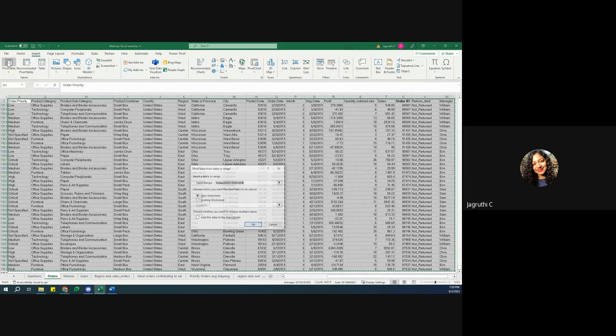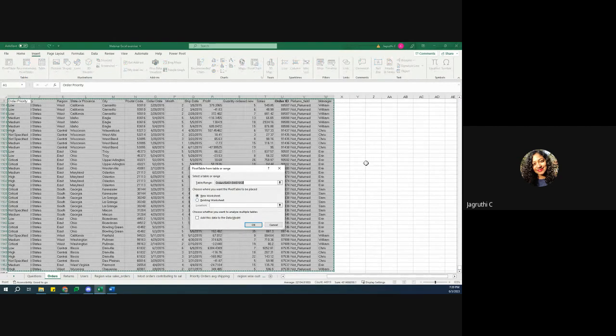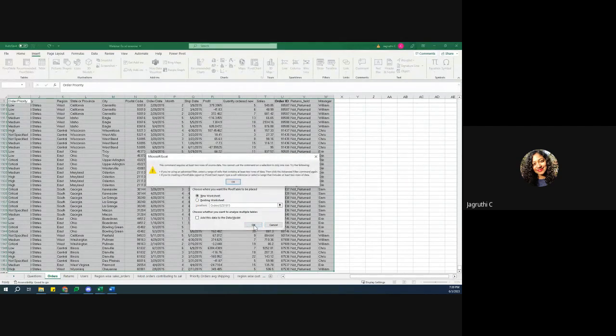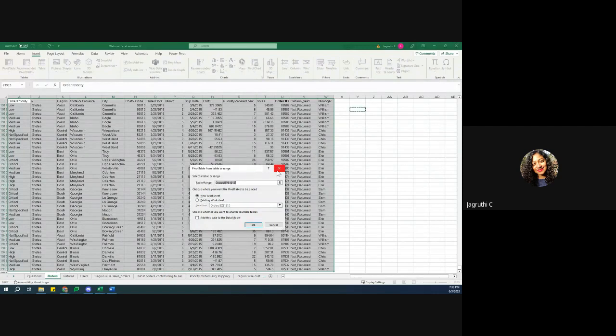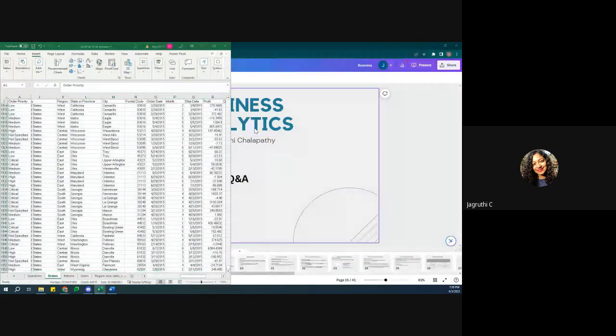Now with the pivot table, you can either choose to apply it in the same worksheet or any different worksheet. That is fine. So for now, I think I will go with a newer worksheet.